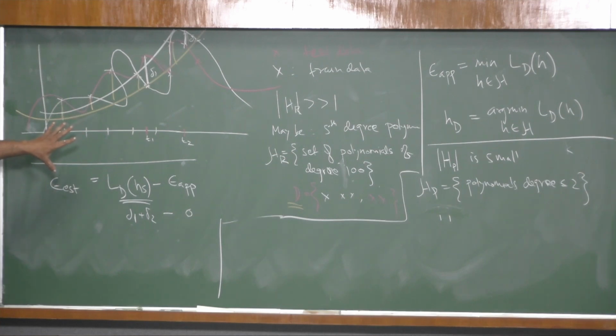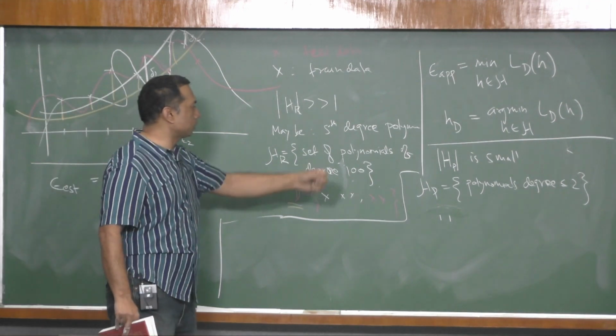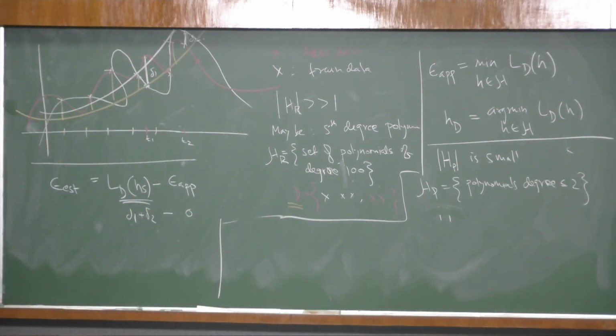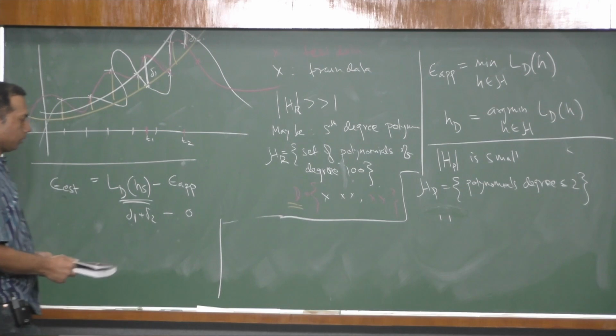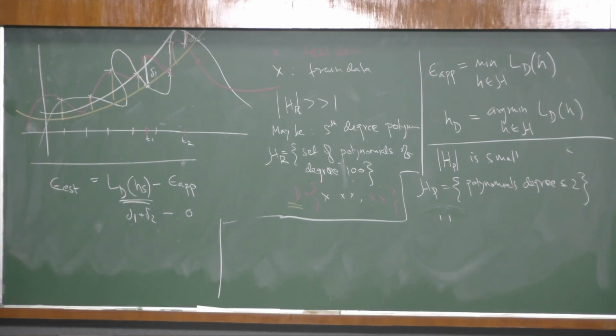But what we want to understand from all this is that things can be deceiving when you are learning machine learning. Things can be deceiving in the sense that you choose a small hypothesis class, and then you feel that your test error and train error are very similar. So you will think that I'm learning very well because I'm looking at the test error and my training error is similar.